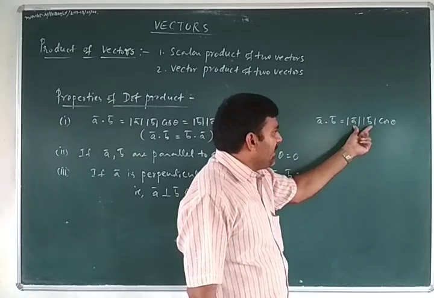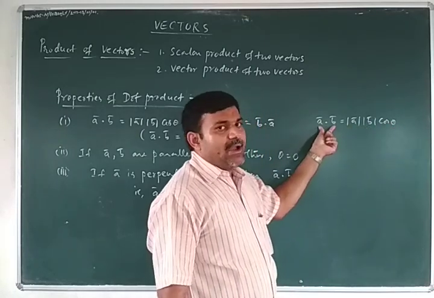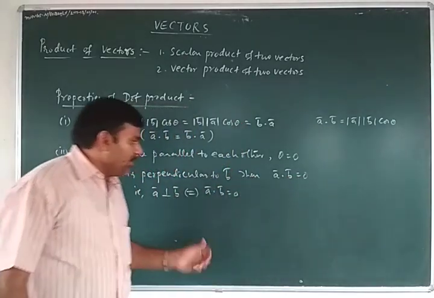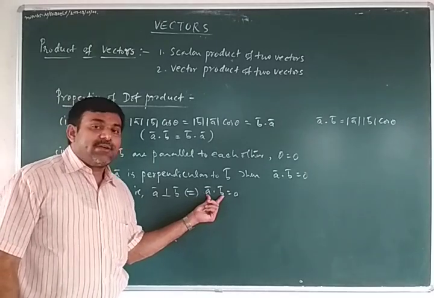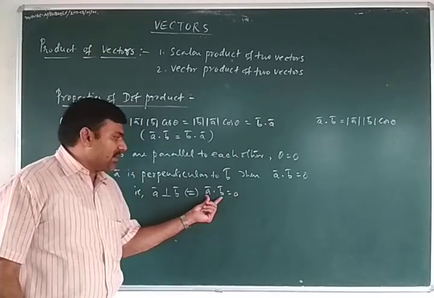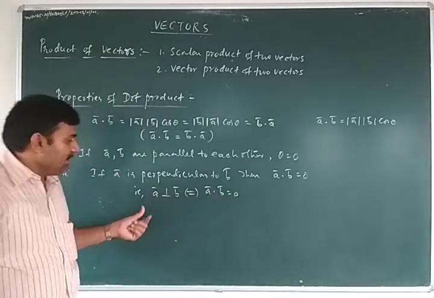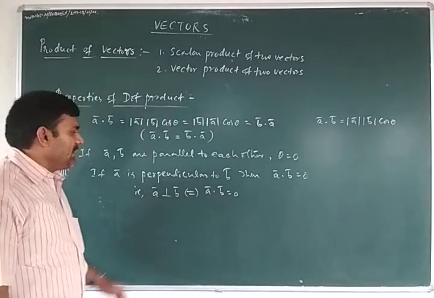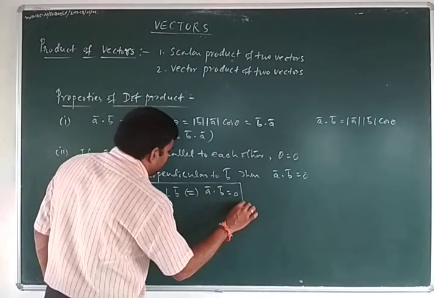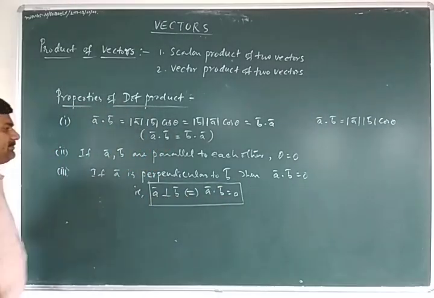So 0 into something is 0. Therefore A bar dot B bar is equal to 0. Otherwise, if the dot product of two vectors is 0, then the two vectors are perpendicular to each other. It is a very important property of the dot product.